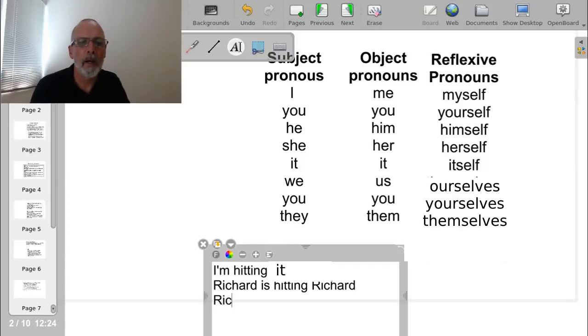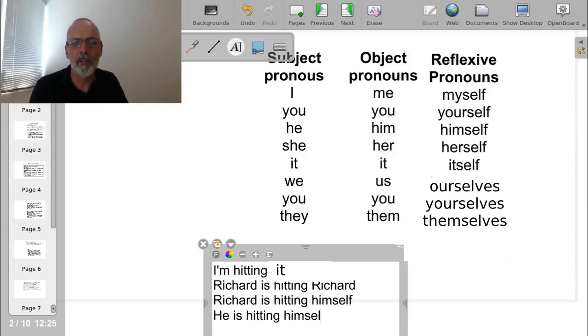But another way of saying that would be Richard is hitting himself. Or he is hitting himself, because it's not a good idea. Actually, this is a punch, not a hit, so maybe I should change that to punch.